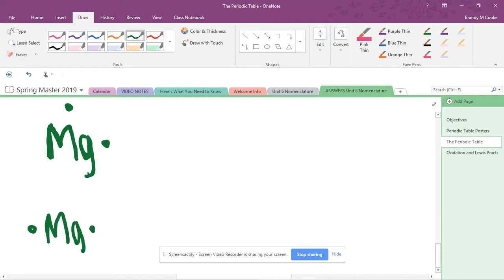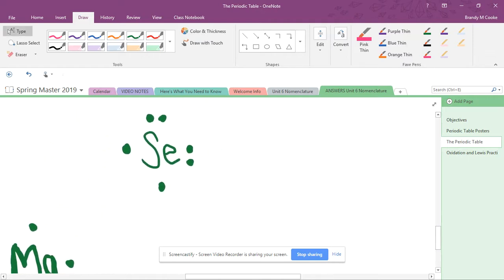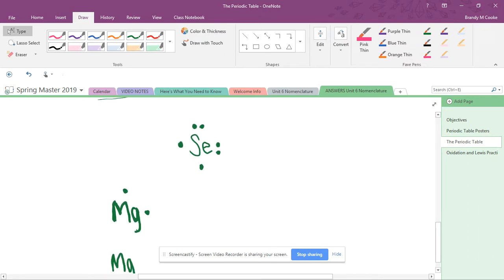That's perfectly correct. What is incorrect is putting the 2 dots next to each other when you have all this empty space. That's the only time that you can't do that. So it doesn't matter where the dot goes. What's important is that they're just not next to each other until they have to be, like they do in selenium. And that's pretty much it.